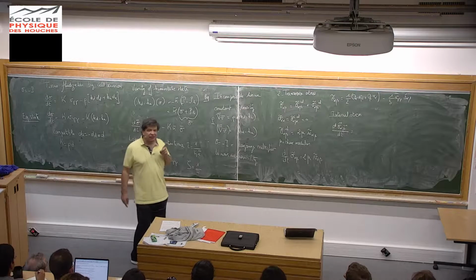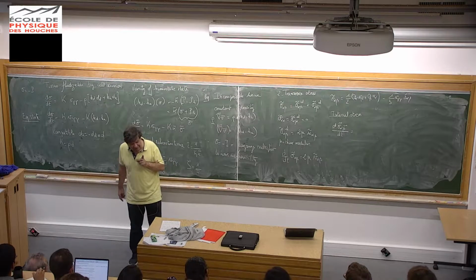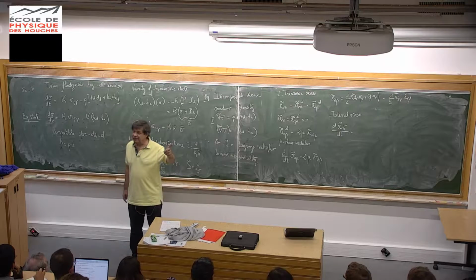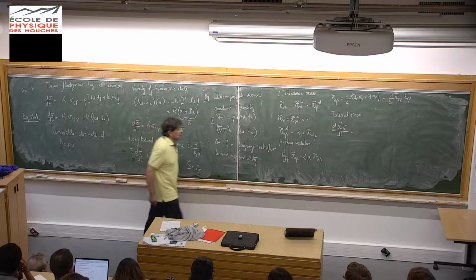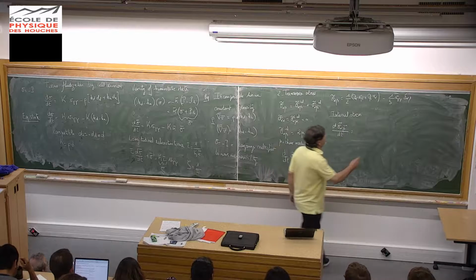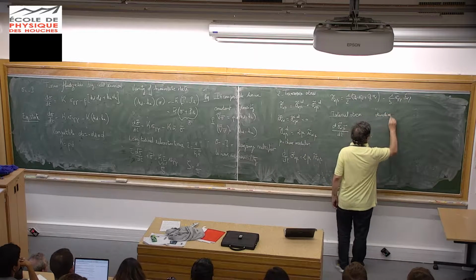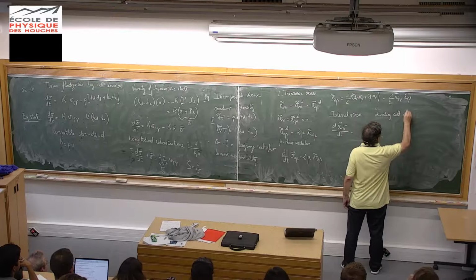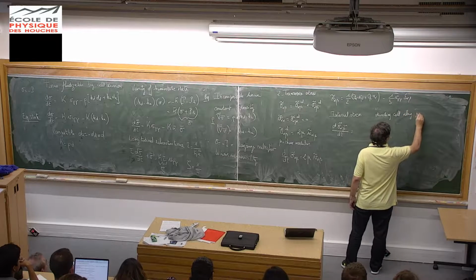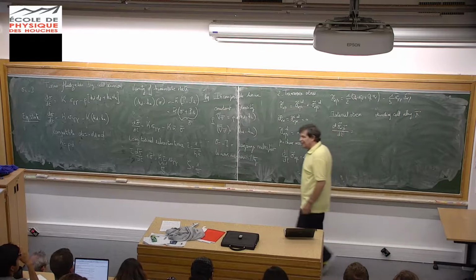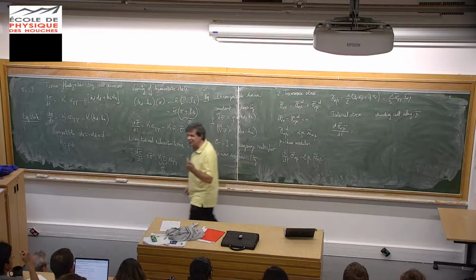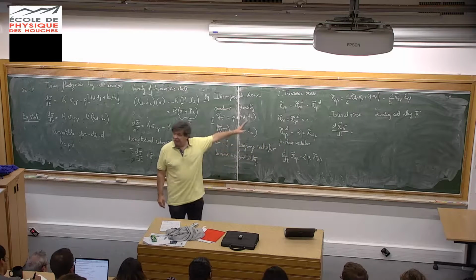So for each cell, when it divides, I can define an orientation of cell division that I will call P. Now, if I have a vector, it's easy to make a traceless tensor. So this is a unit vector.